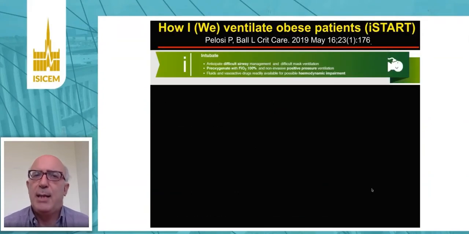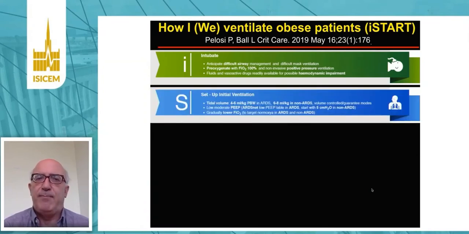So, to conclude, how do I, or we, ventilate obese patients? We suggested the I-START protocol. I: intubate, anticipate difficult airway management and difficult mask ventilation, pre-oxygenation with FiO2 at 100% and use non-invasive positive pressure ventilation, with fluids and vasoactive drugs readily available for possible hemodynamic impairment.